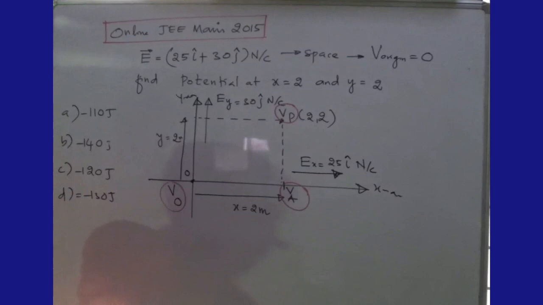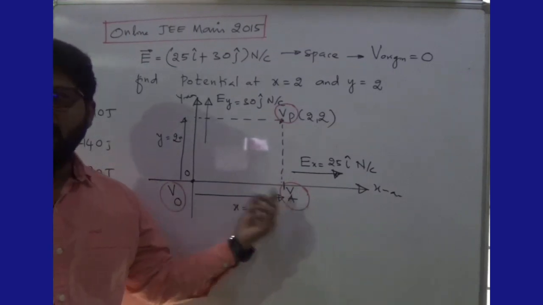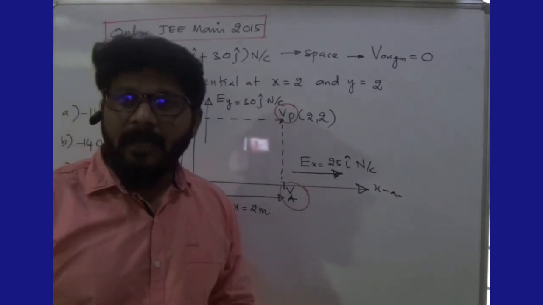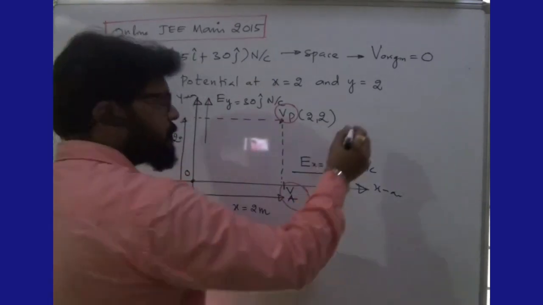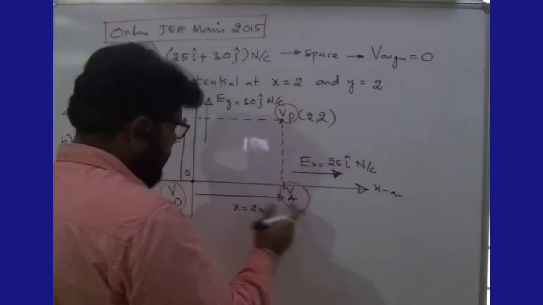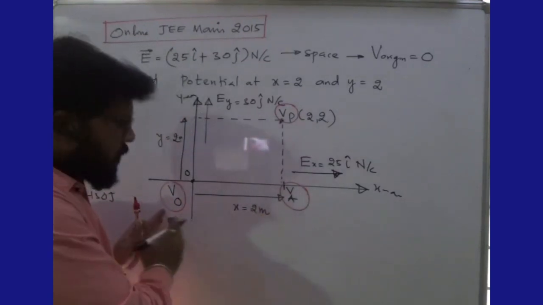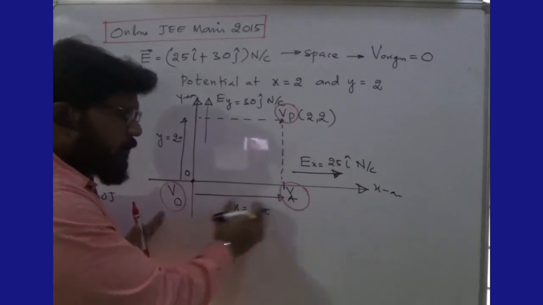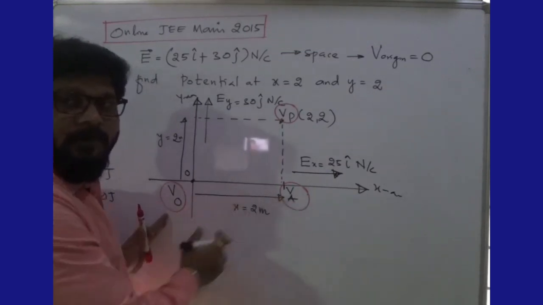Now V naught minus VA. We are only taking magnitudes. Can anybody tell, is V naught minus VA positive or negative?